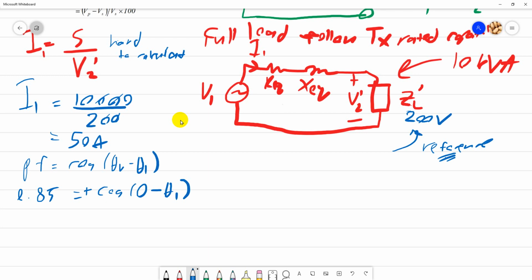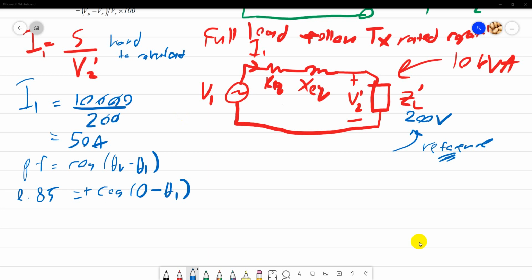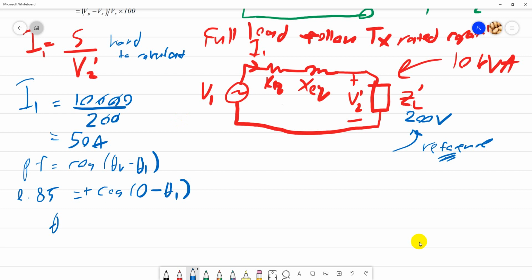If you rearrange this, theta I is equal to negative cos inverse of 0.85. So use your calculator to find the cos.